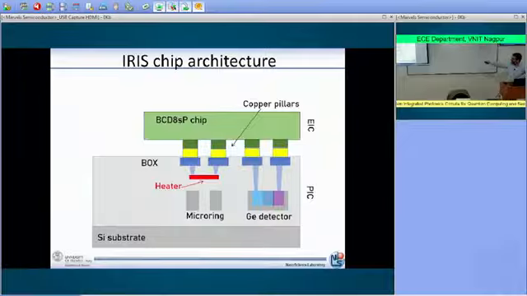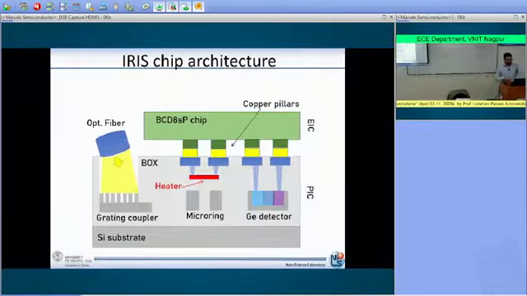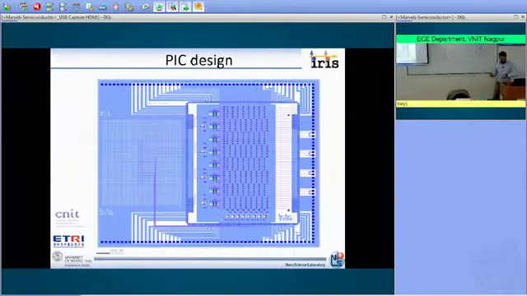And then we bond the electronic integrated circuit on top of the photonic integrated circuit. We also open the space in order to allocate the fiber. This is the architecture that was then transferred into a specific photonic integrated circuit design.